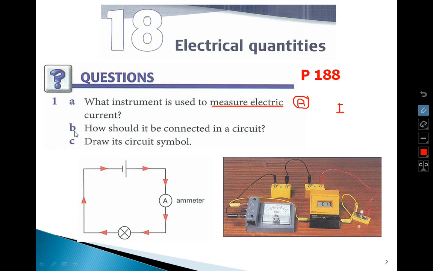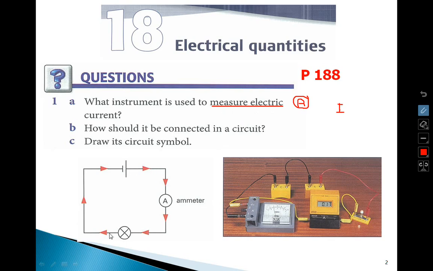Section B. How should it be connected in a circuit? As we can see here, there are different circuits. This is the actual circuit in the lab, and this one uses symbols to solve questions. An ammeter is connected in series.